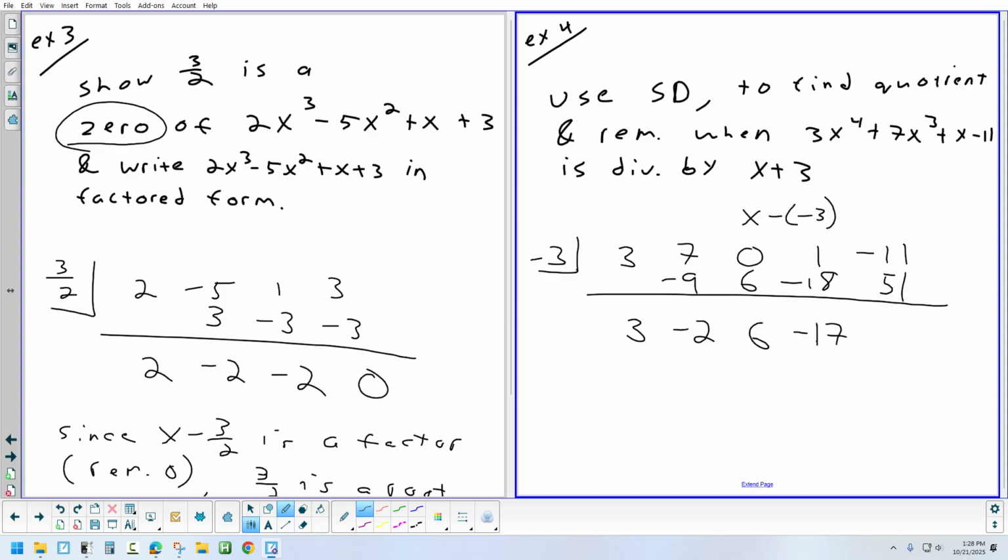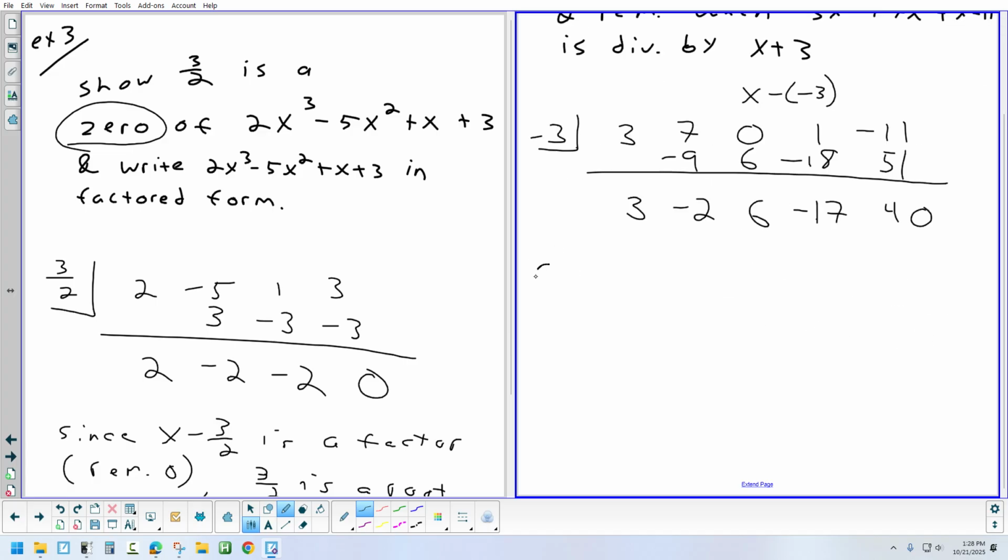What do we get for the last number? 40. Now they did ask to find the quotient and the remainder, so you need to interpret that answer. Can anybody tell me my quotient? It would be 3x cubed minus 2x squared plus 6x minus 17. Good.